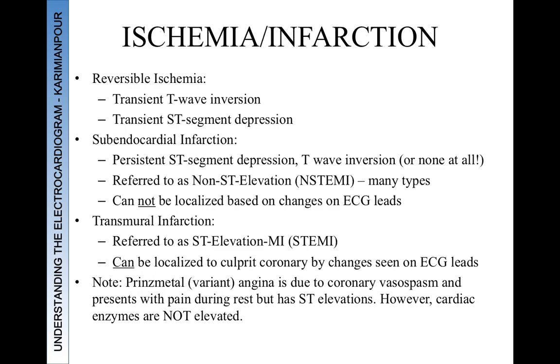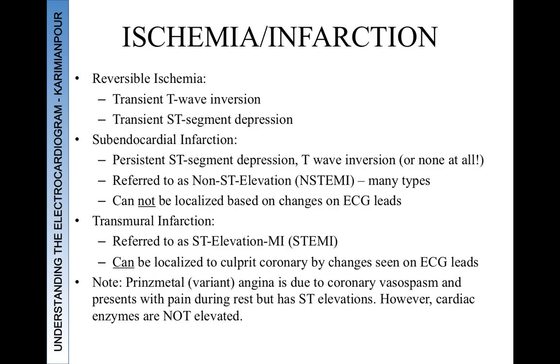If you have these sort of changes on EKG, these are not really localizable to the territory of the infarction. The only ST changes that you can localize to a territory of a vessel are ST elevations. So that's the next one, transmural infarction, typically referred to as a ST elevation myocardial infarction. This is an acute plaque rupture that causes this myocardial infarction.